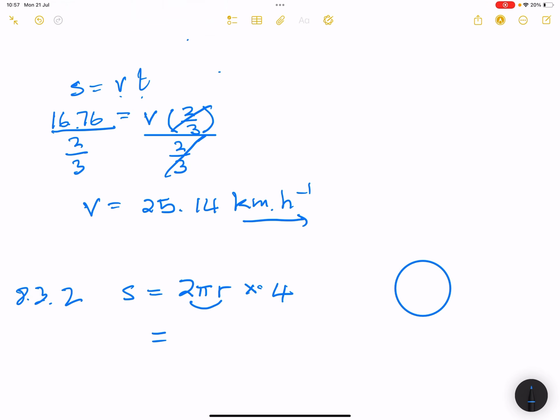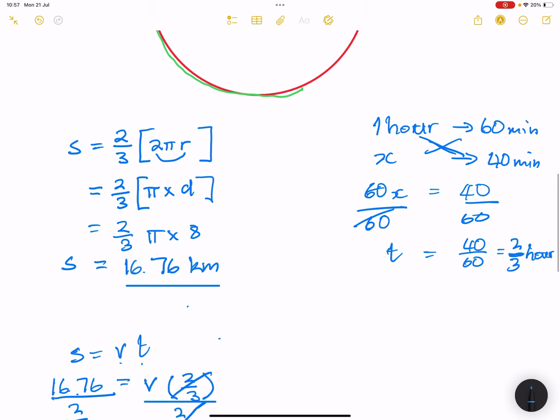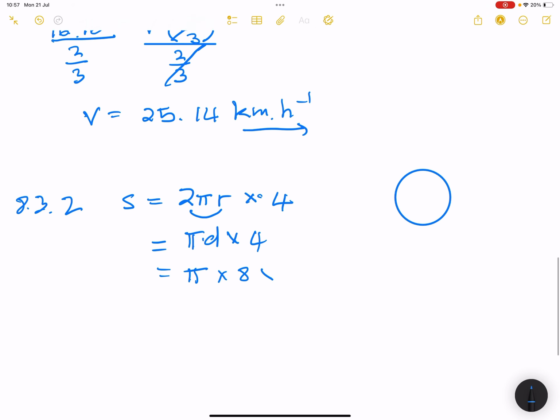So this is going to be pi multiplied by the diameter, multiplied by 4. So that's pi. Our diameter is 8 kilometers, that's what they said, and multiply that by 4.